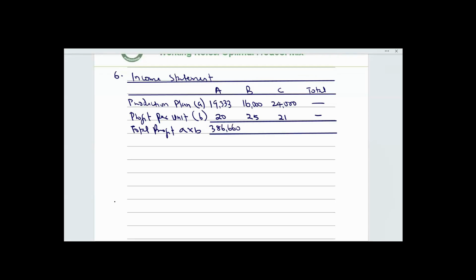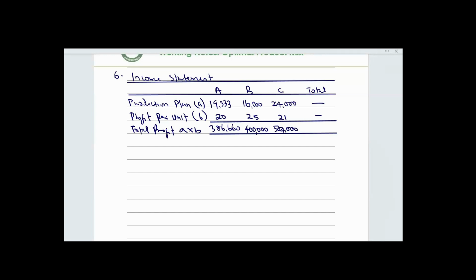Then for product B, 16,000 multiplied by 25 is 400,000. For product C, 504,000.